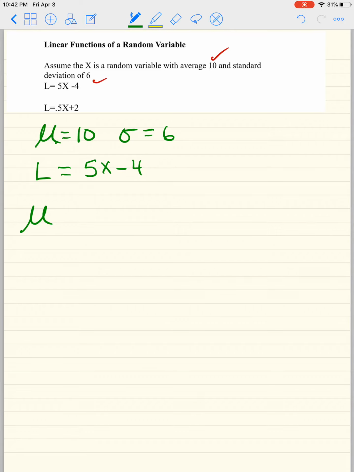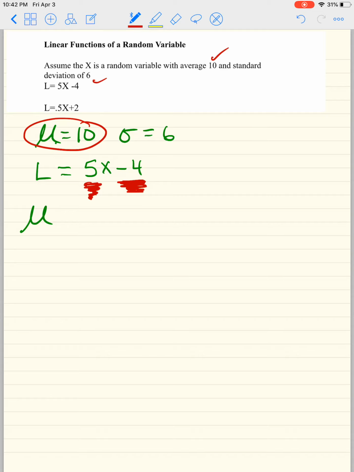Well, this here, guys, is a product, and this here is a constant that you're going to add or subtract. So remember that averages are affected by both a product and an addition or subtraction of a constant.